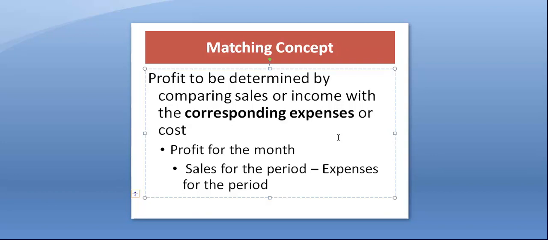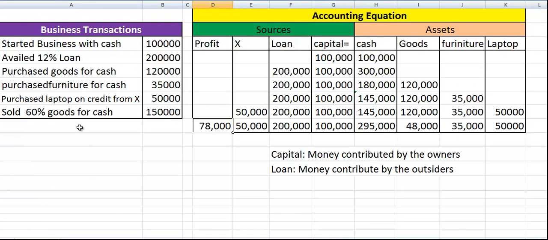Profit for the year is the sales for the year minus expenses for the year. In this example we are making sales out of 60% of the goods, so that's 150,000 compared with the corresponding 60% of the goods. So the matching principle and the accrual principle are important principles of accounting, along with the dual aspect concept.